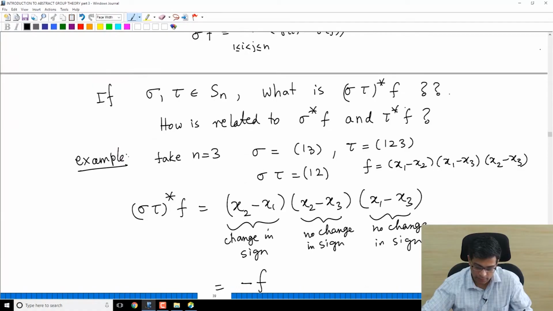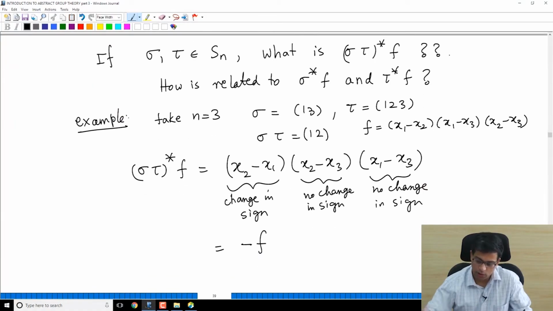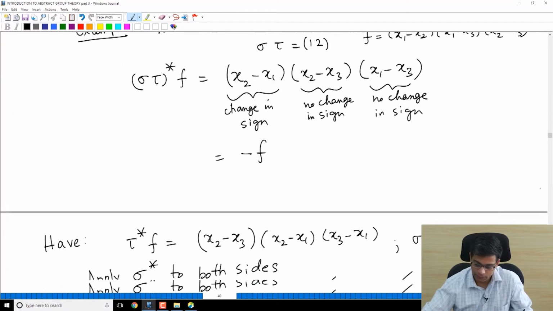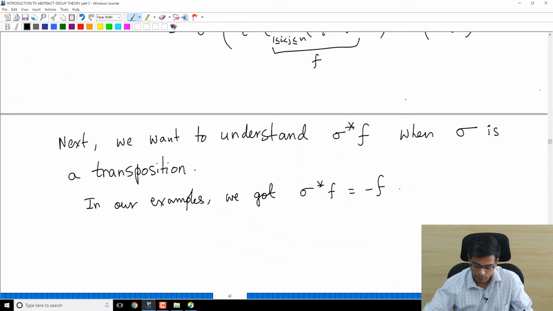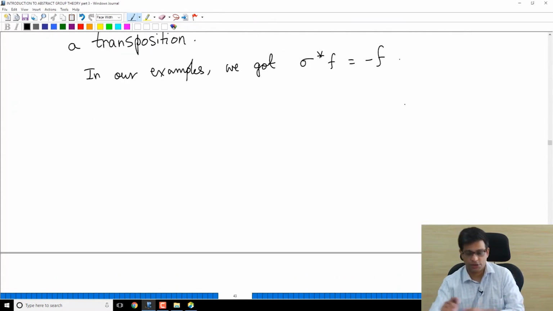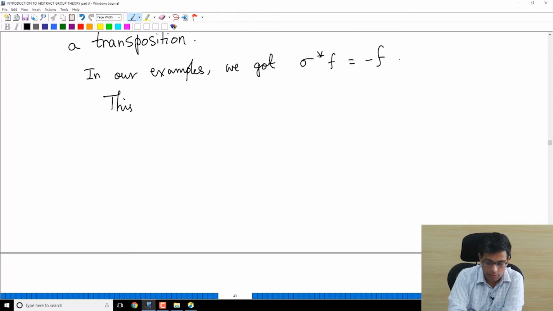For example, in this example, when sigma is (1 3), sigma star f is minus f. Okay, so is this always true that if you have a transposition, then sigma star f is minus f? Yes, this is always true.